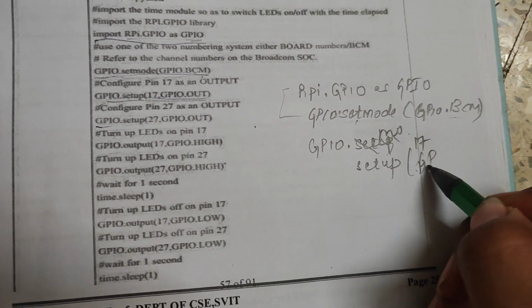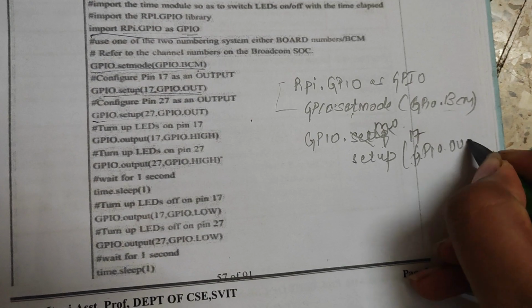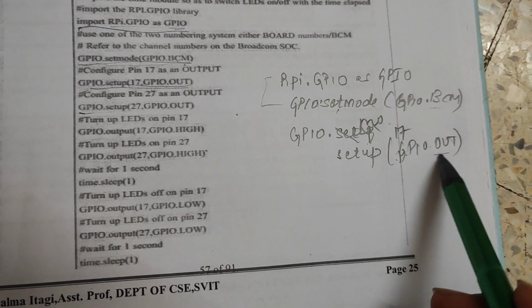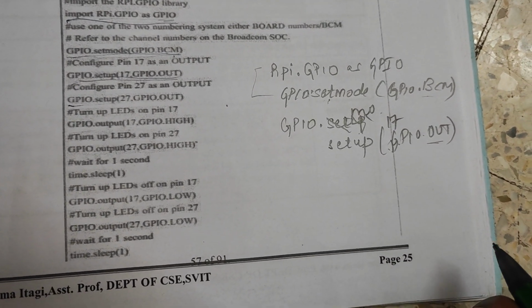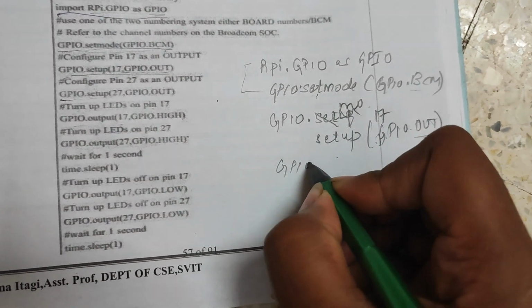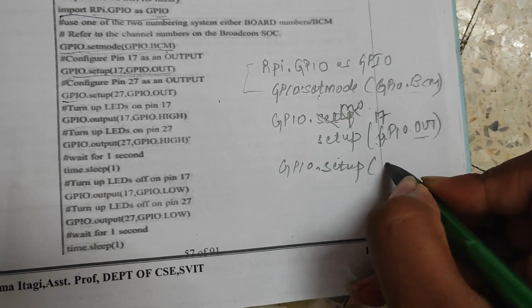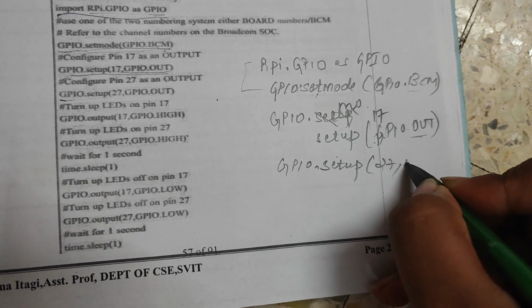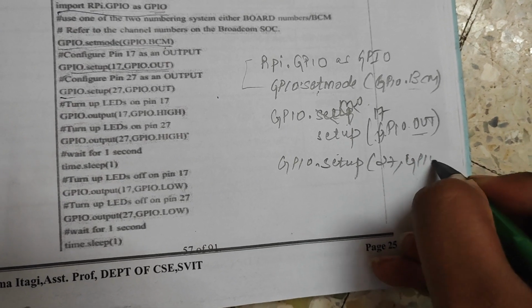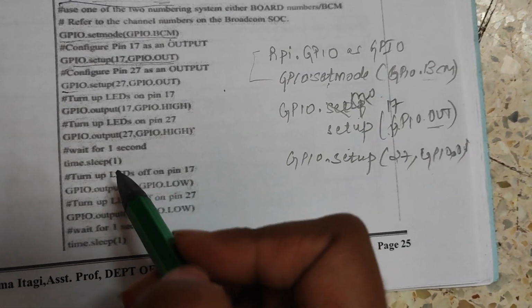So 17 comma GPIO.OUT, because you're going to use it as output. Same thing, GPIO.setup 27 comma GPIO.OUT. Okay, so you've set it.